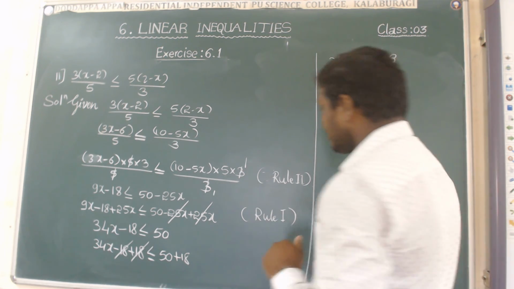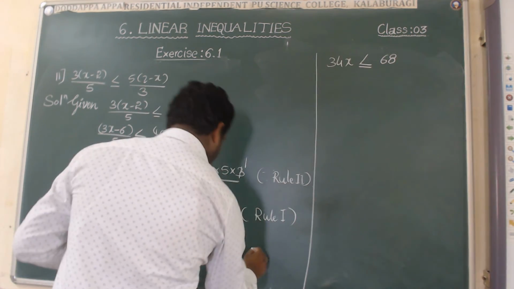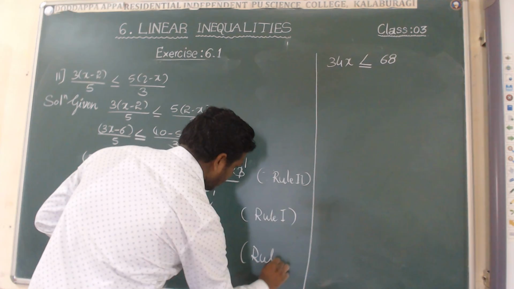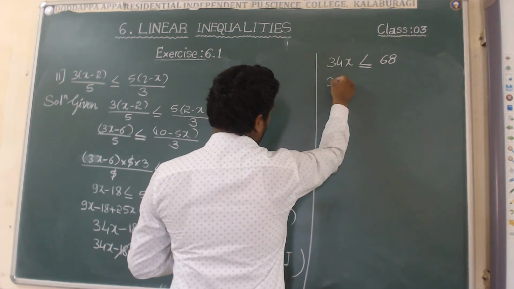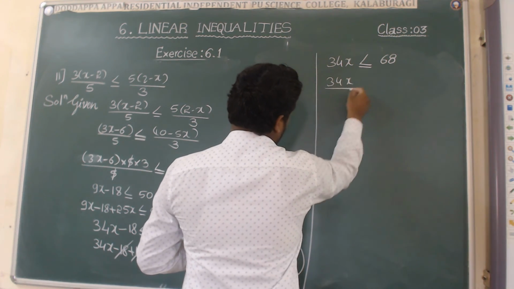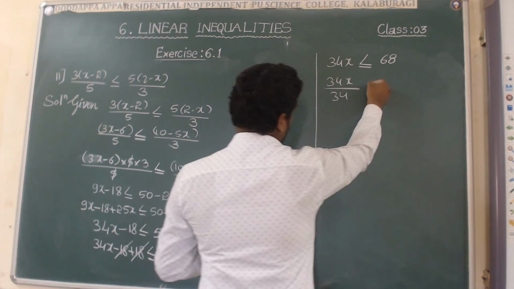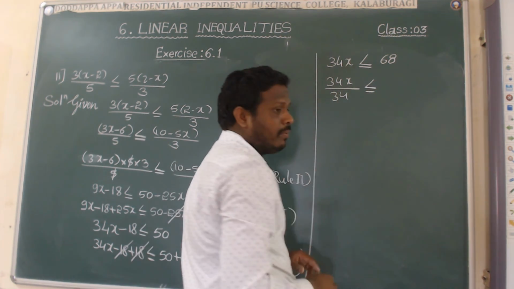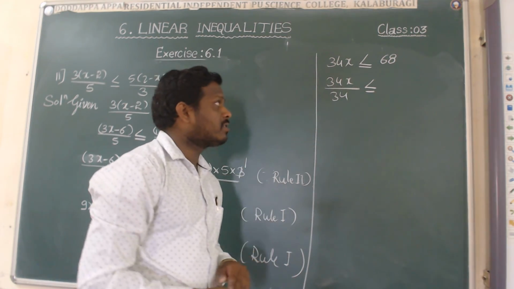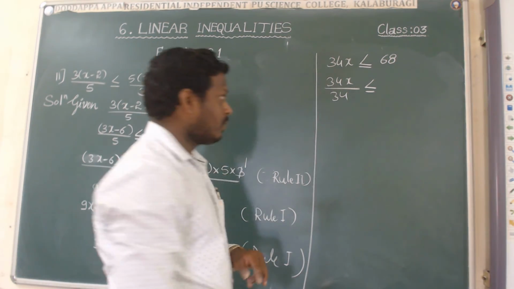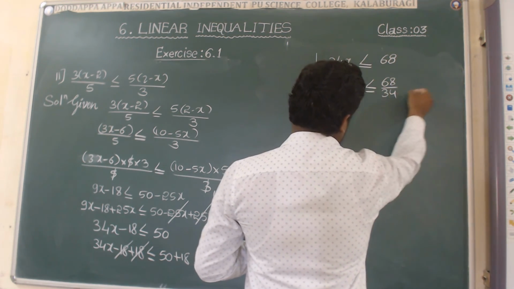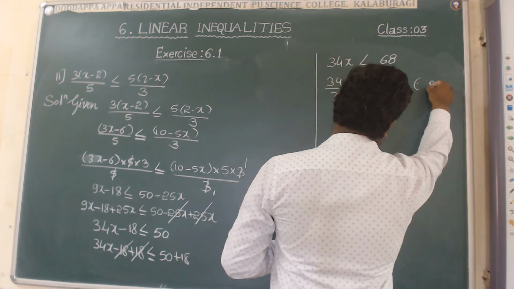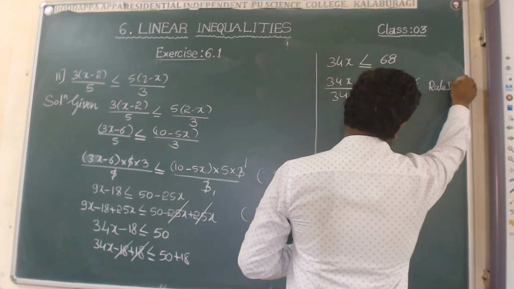So applying the second rule again. 34x divided by 34, and the symbol will be the same only because I am dividing both sides by a positive value. Okay, 68 divided by 34, because applying the second rule here.